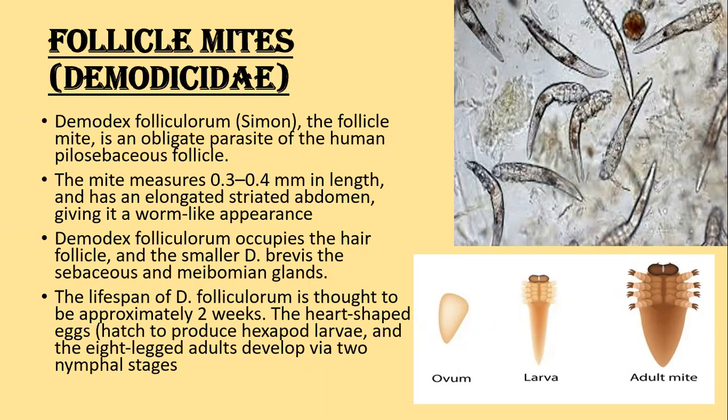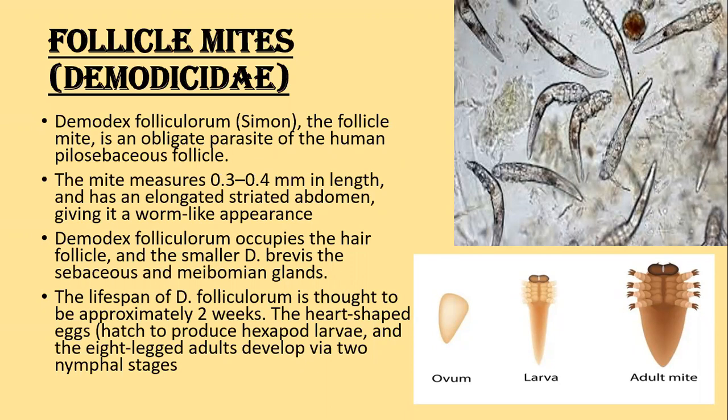Demodex folliculorum, the follicle mite, is an obligate parasite of human pilosebaceous follicles. The mite measures 0.3 to 0.4 millimeter in length and has an elongated, striated abdomen, giving it a worm-like appearance.